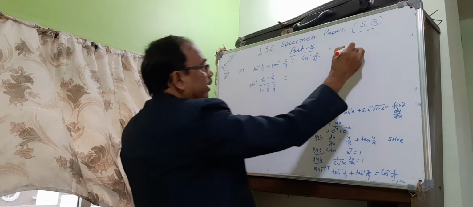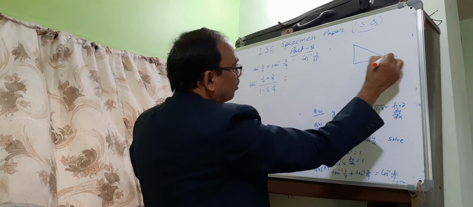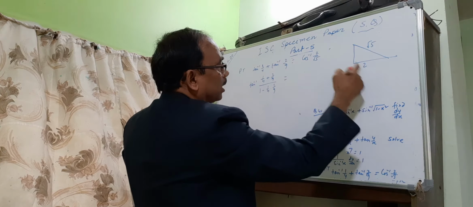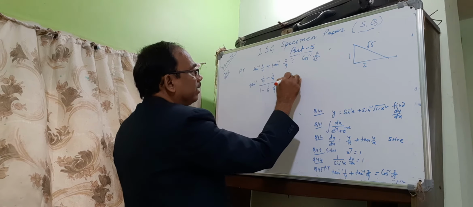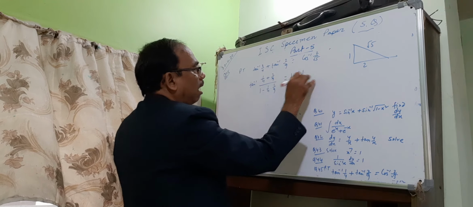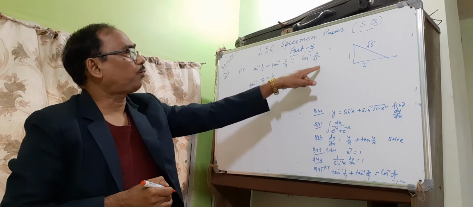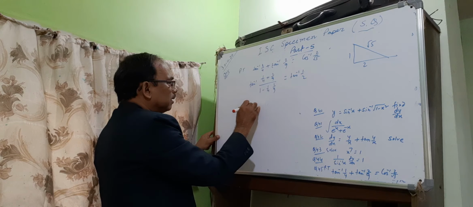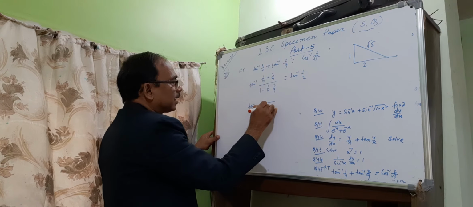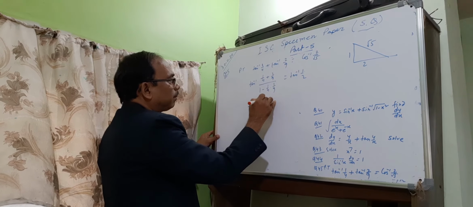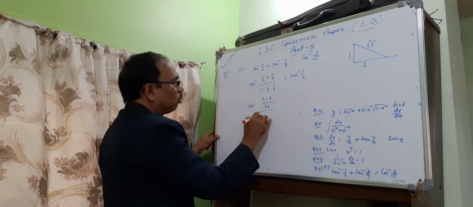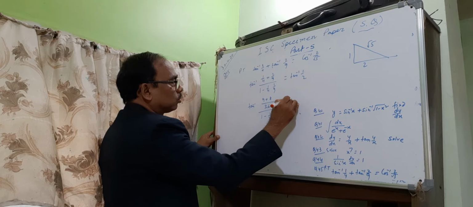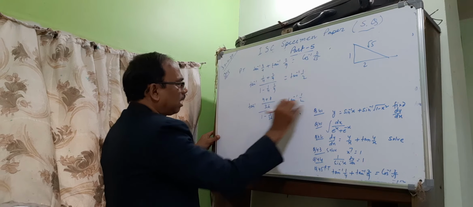We can write, using a triangle, we can convert it to tan. Cos is base by hypotenuse. 5 minus 4, that is 1. We can write tan inverse half. Cos inverse 2 by root 5 is tan inverse perpendicular by base. Now, this is tan inverse of, LCM 36, 9 plus 8 over 1 minus 2 by 36, equals tan inverse half.